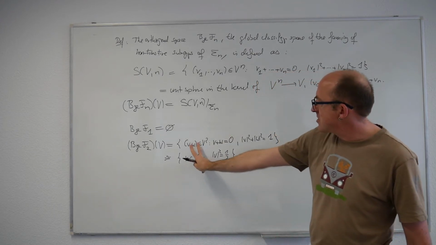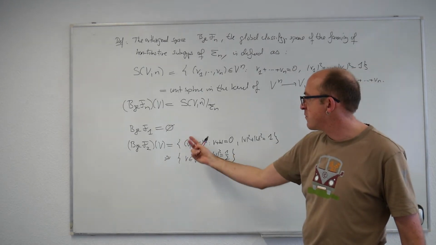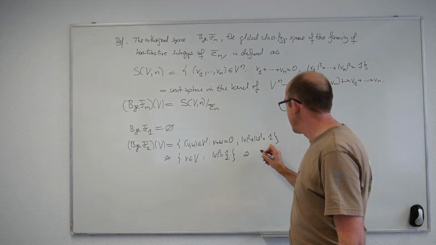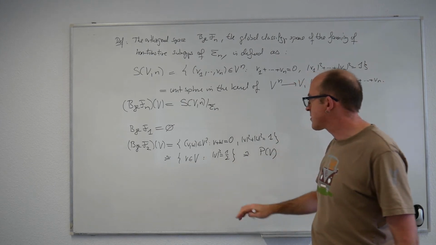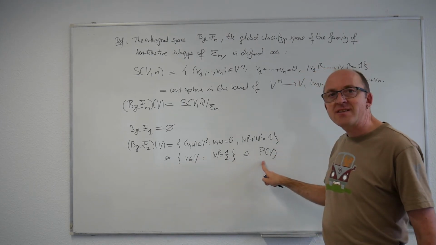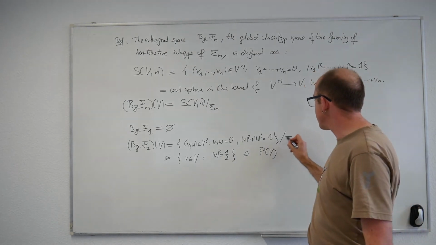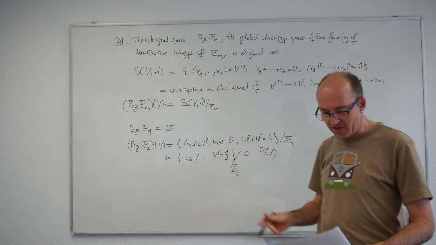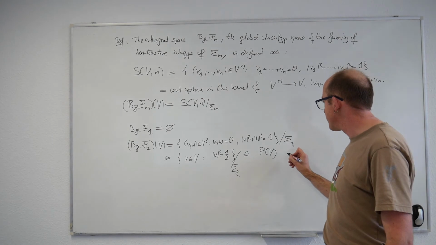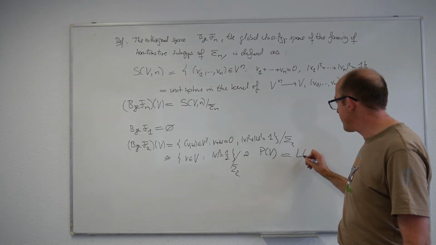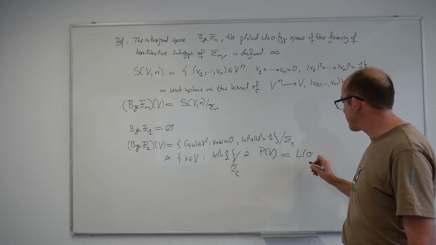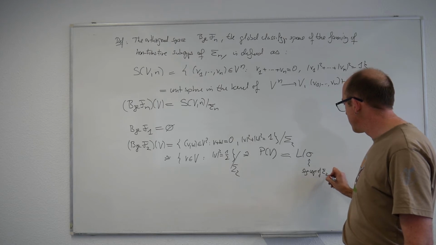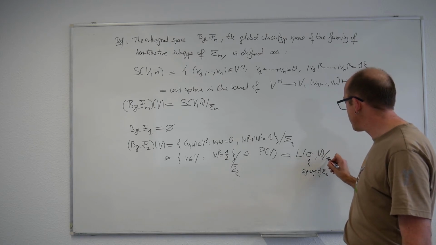Under this identification, the Sigma_2 action, which swaps the two factors, becomes the sign action. And so this is really identified with the projective space of V, because we can send the vector to the line that it spans, and then we have to divide out by the Sigma_2 action, which I forgot to write, and because the Sigma_2 action sends a vector to minus that vector, you exactly get the projective space. But the projective space is also the same as the linear isometric embeddings from the sign representation of Sigma_2 into V, modulo the action of Sigma_2.